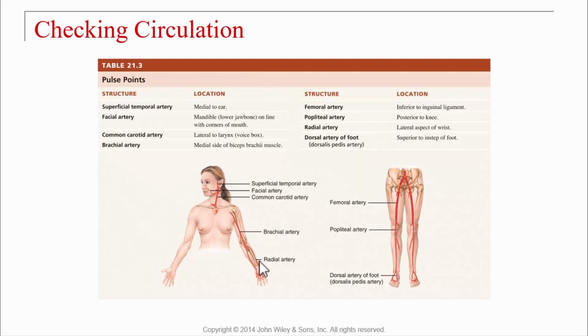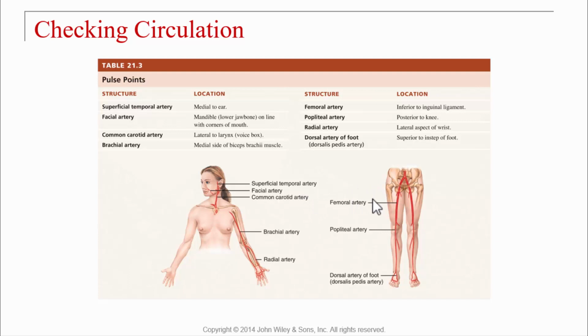And this is going to be your most common pulse point, along with the dorsal artery of the foot, the dorsalis pedis artery, superior to the instep of the foot. These are going to be your two biggest, the radial artery and the dorsal pedal. Okay? And then I would say followed by femoral artery and then carotid.